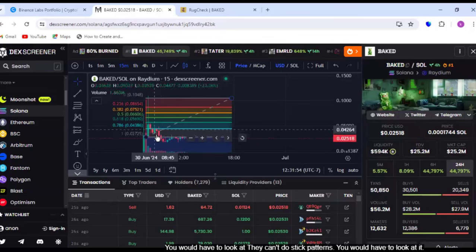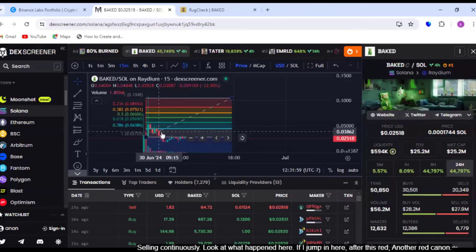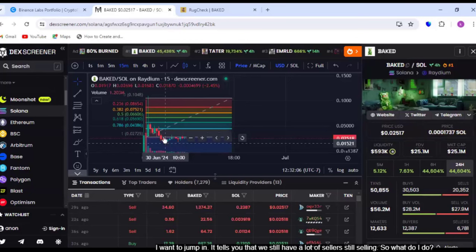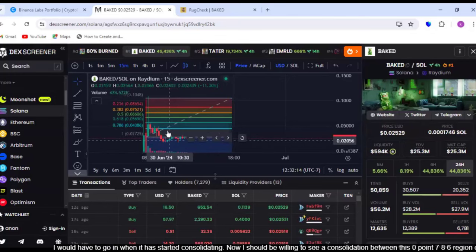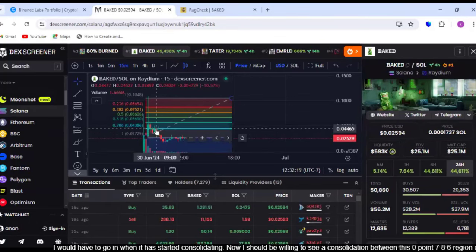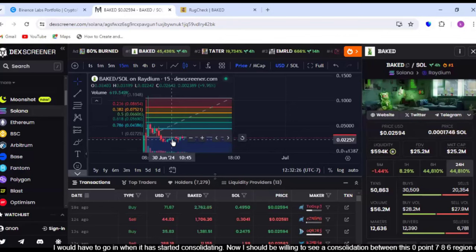Is it selling continuously? Look at what happened here. If I jump in here, after this red candle, another red candle, another red candle, I won't jump in. It tells you that we still have a lot of sellers still selling. So I would have to go in when it has started consolidating. Now, I should be willing to see a consolidation between this 0.786 region down to this region.